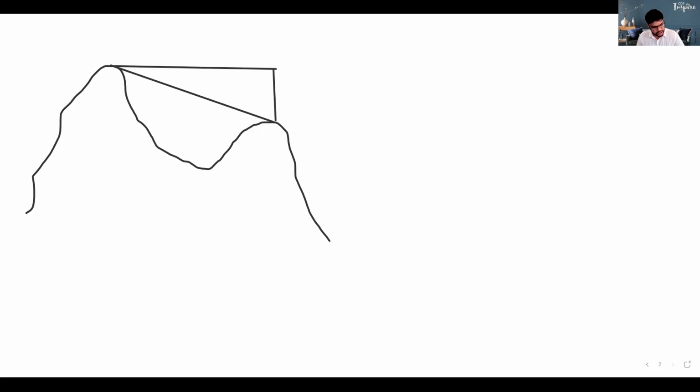So this angle of depression is 15.9 degrees, and this height is 430 meters. The question is, what is the horizontal distance between the two summits? So they are asking for this distance here. We'll call it x.